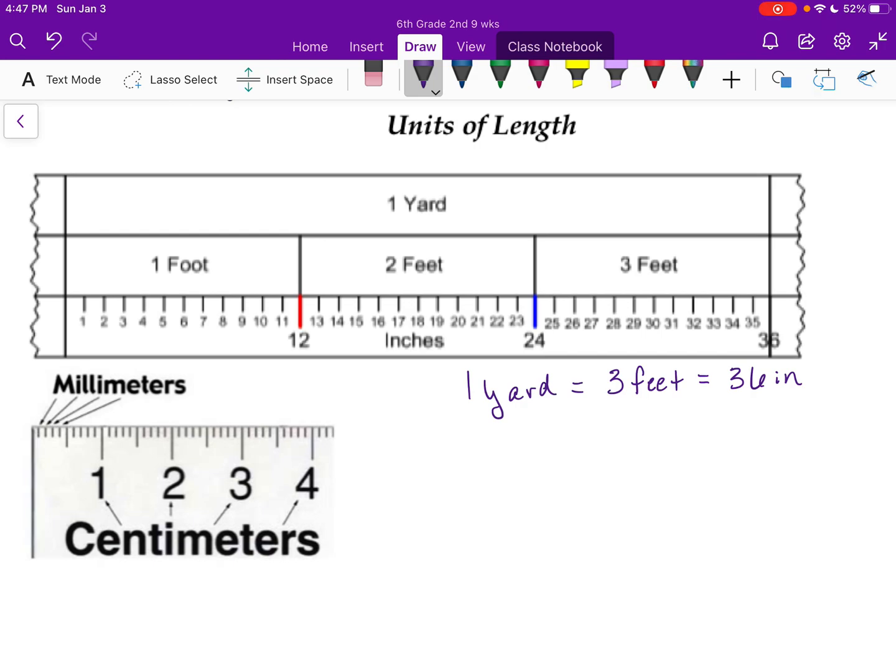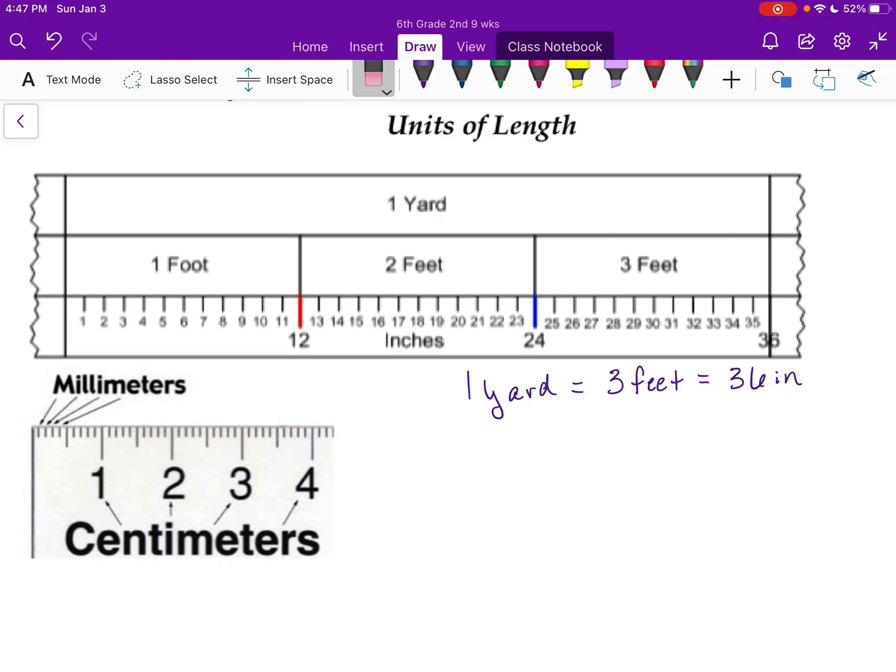Okay? All right, let's look at centimeters and millimeters. If you look at the side of a ruler, it says centimeters. But sometimes you're asked to measure in millimeters, and some kids say, well, there's no millimeters on here. But there are. The little lines are the millimeters, and the largest line is the centimeters.